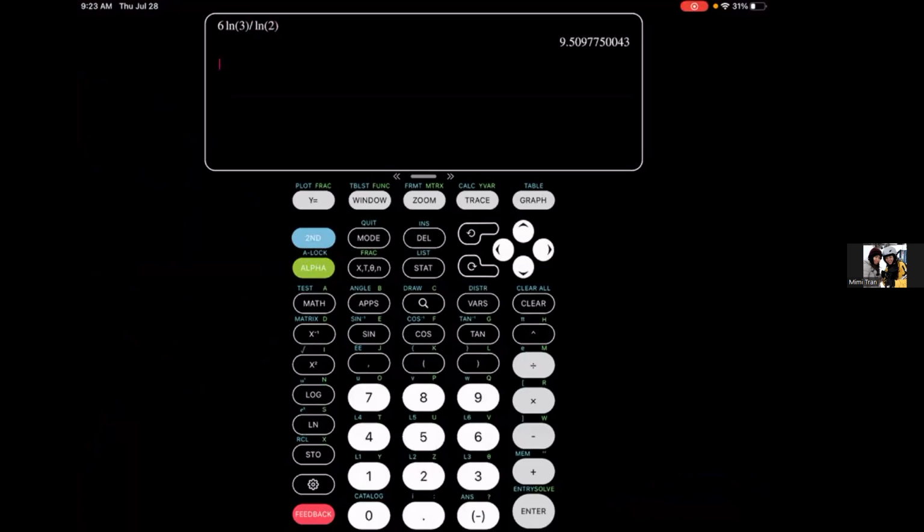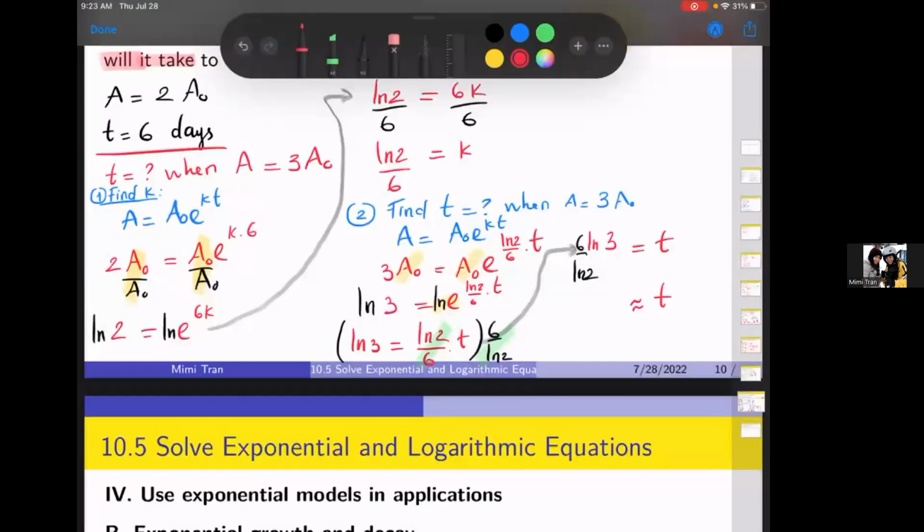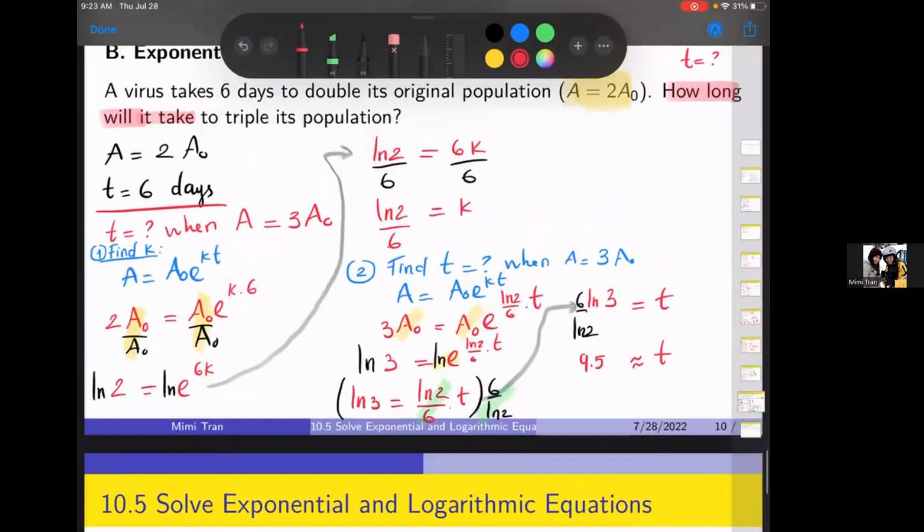I got roughly 9.5 days, right? The answer makes sense. It's getting shorter. The more virus, the shorter time it takes to multiply, right? It's an exponential function right there. Make sure you put units, which is days.